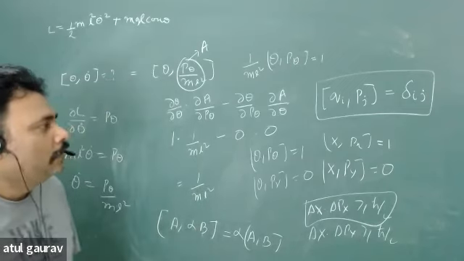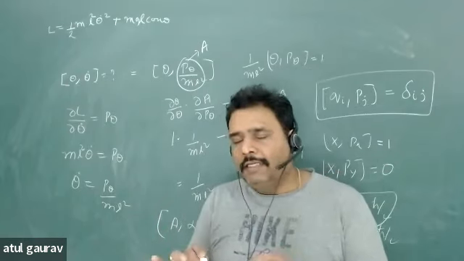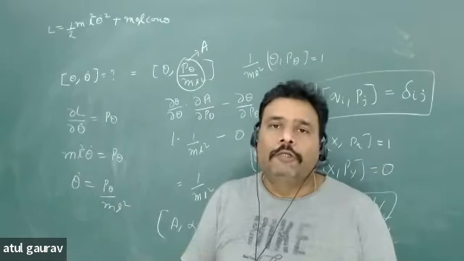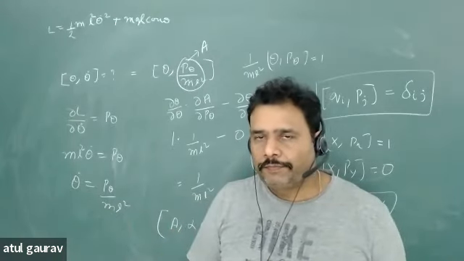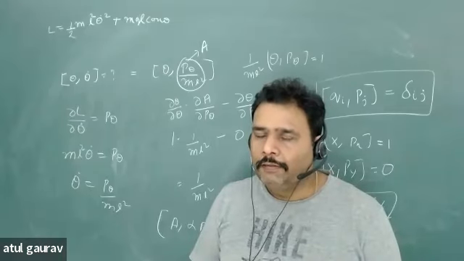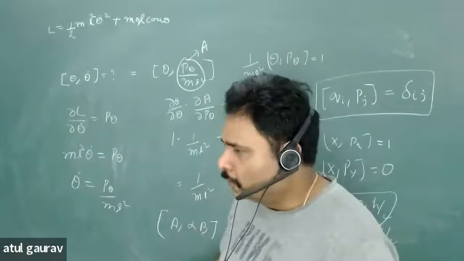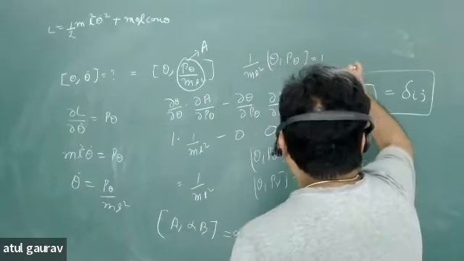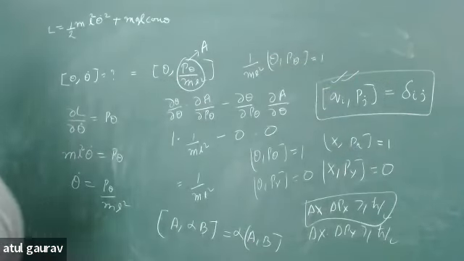So always keep in mind that only the Poisson bracket of the conjugate variables will survive, all other terms will be 0. Are you people happy? Yes. So let's try to use this in some problem and give the answer. This will be helpful to solve problems in a very shortcut method. यहाँ तक clear है ना?